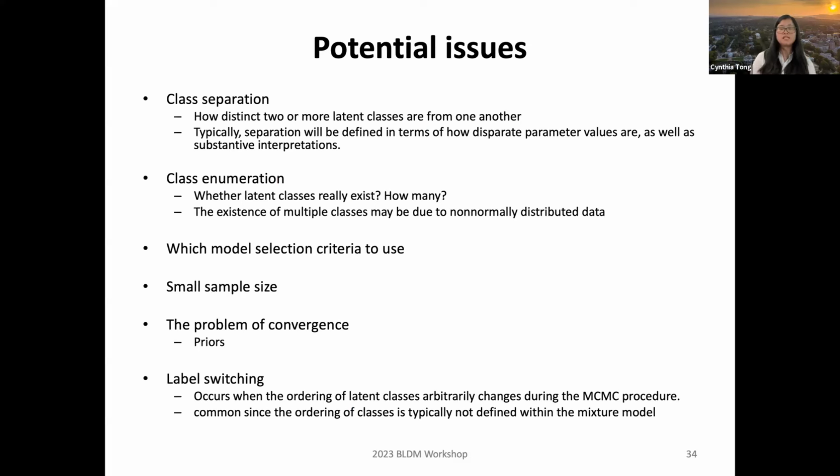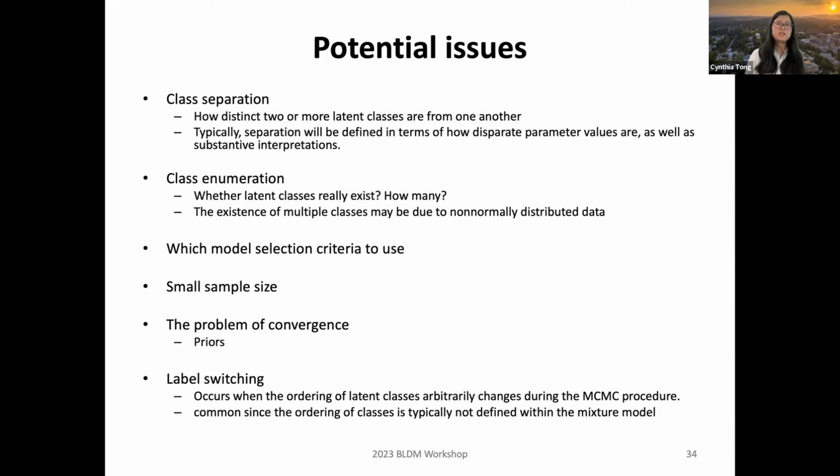Class separation is a concept that helps to define how distinct or not the latent groups are from one another, so whether the subpopulations differ substantively from each other. Typically, separation will be defined in terms of how disparate parameter values are, as well as substantive interpretations.